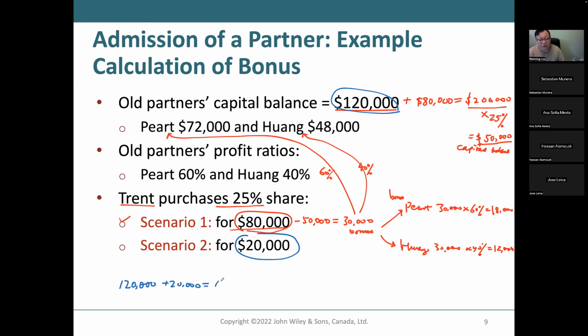So I get 140,000. Trent owns 25% of the interest. So 25% of 140,000 is 35,000.